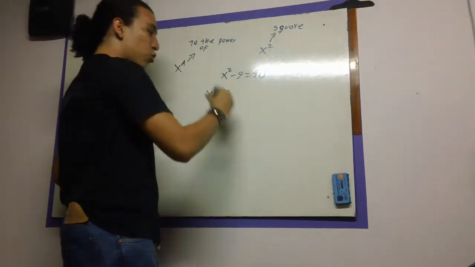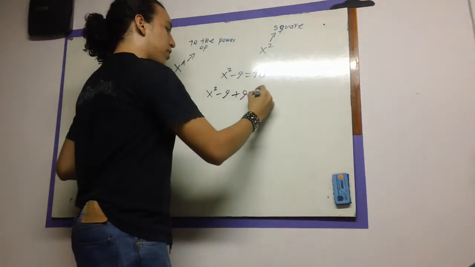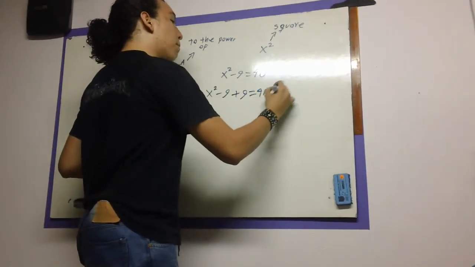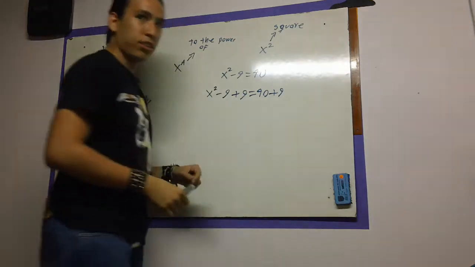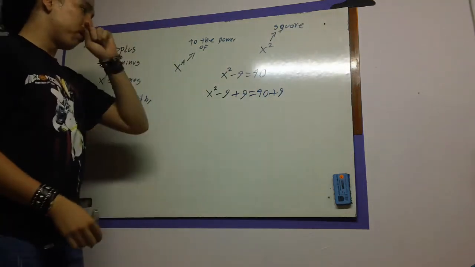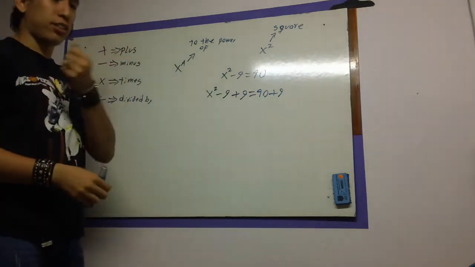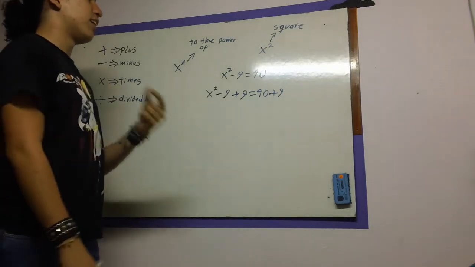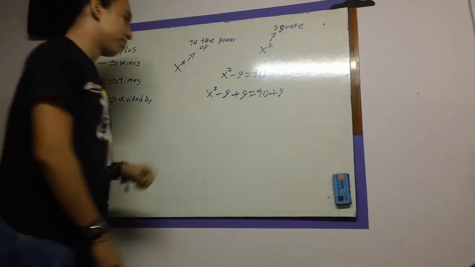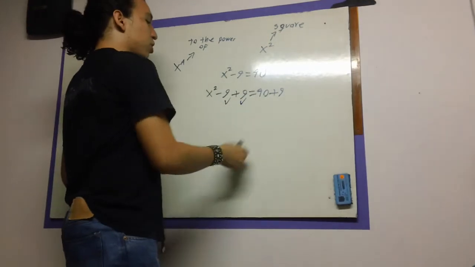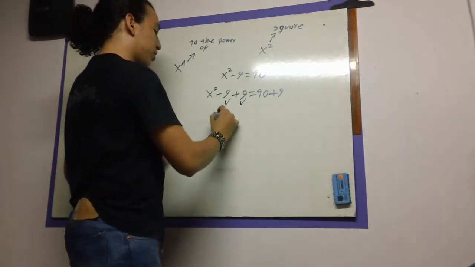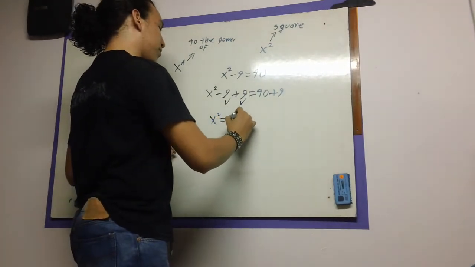This is minus, so you do plus 9, equals 40 plus the same 9. The equation doesn't change. So this goes with this, and we have x squared equals 49.